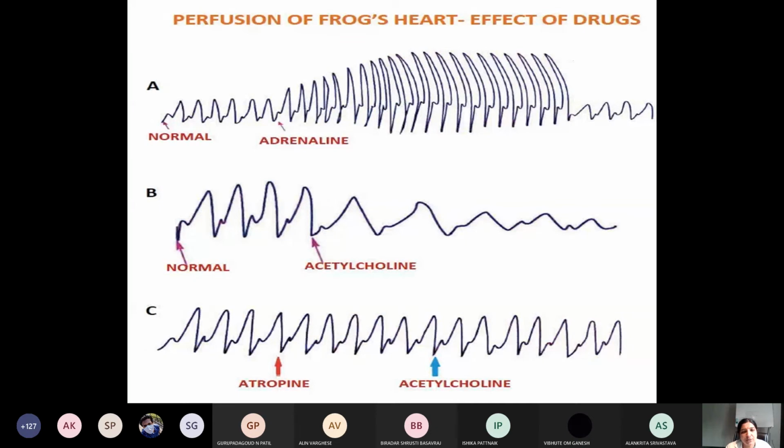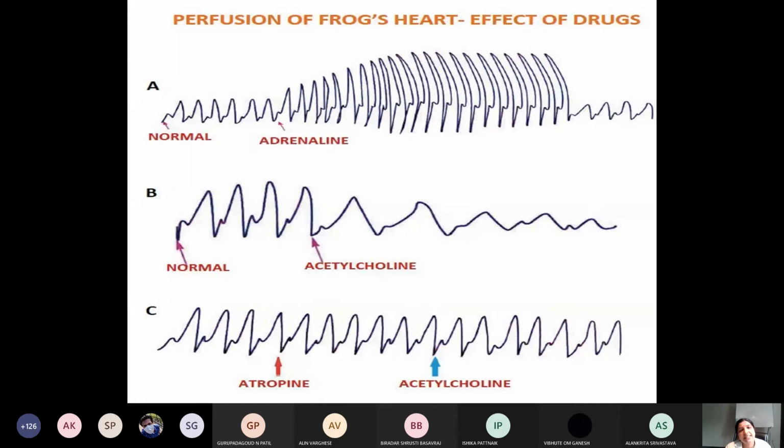Actions are different, so remember. Whereas acetylcholine acts on which type of receptor? Does it act on beta receptors, acetylcholine? You were sleeping at this time. You were awake when I was telling about sympathetic adrenaline.